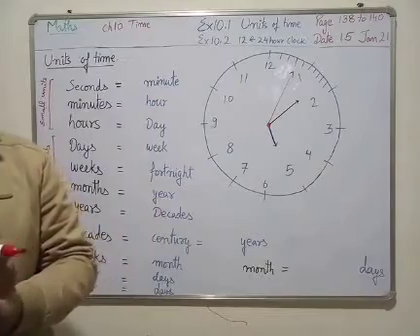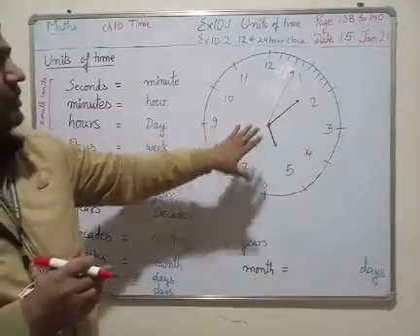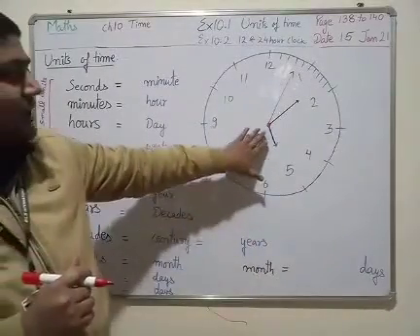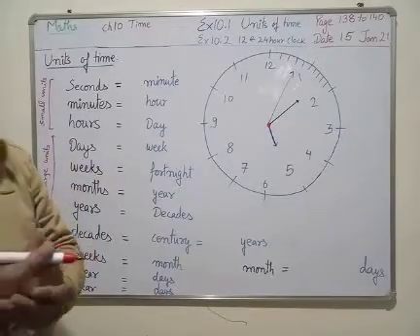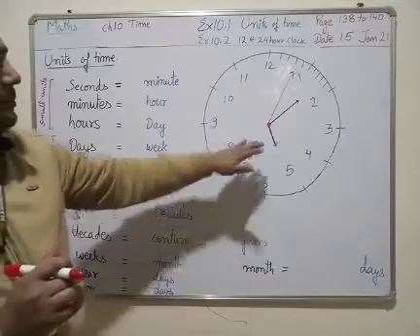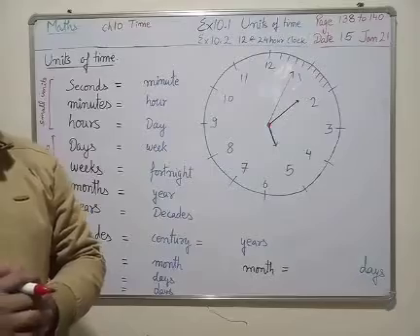A clock has three hands. You can see on the board that the clock has three hands. Right? The smallest hand is the hour hand. And the bigger hand than the smallest hand is the minute hand.